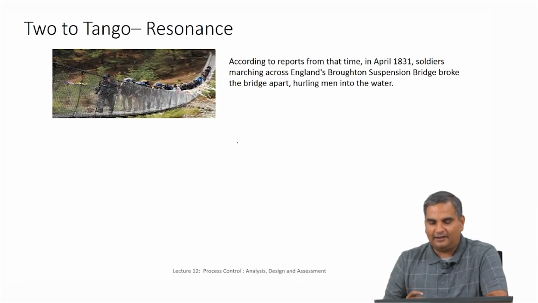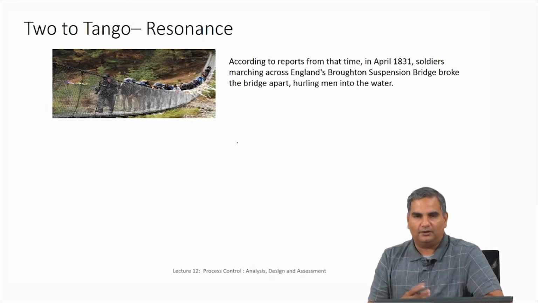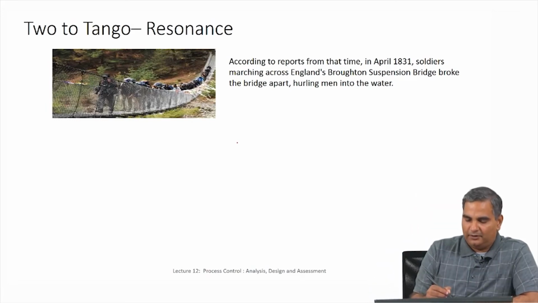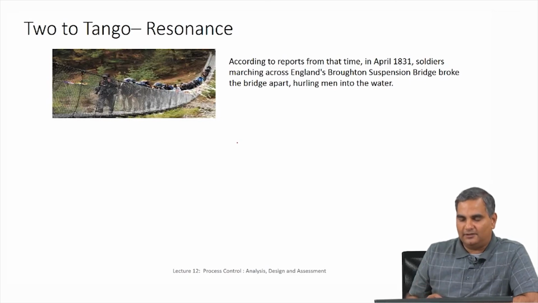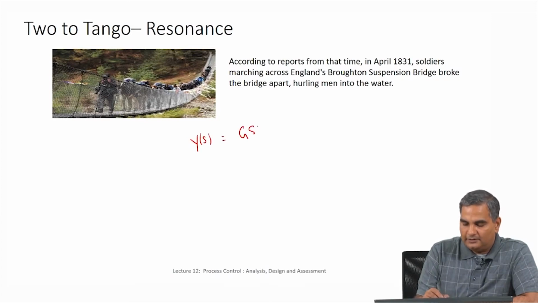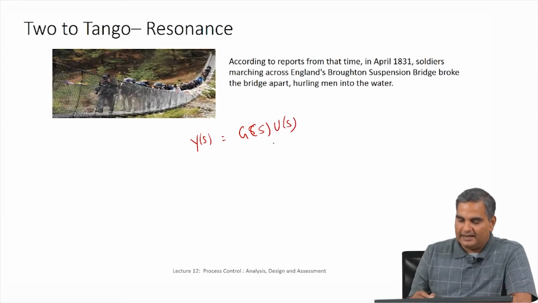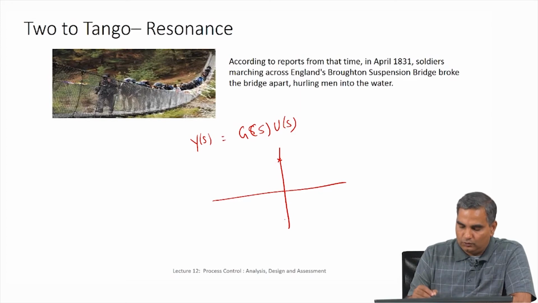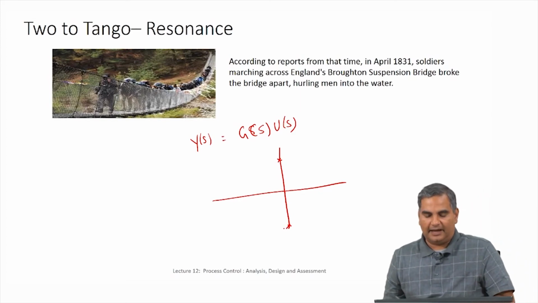So, if we were to understand this phenomenon based on what we have seen, think about what it means to say the system's natural frequency. Whenever you have an output y of s, that is g of s times some u of s or I of s, and let us say your system has two poles on the imaginary axis, right.